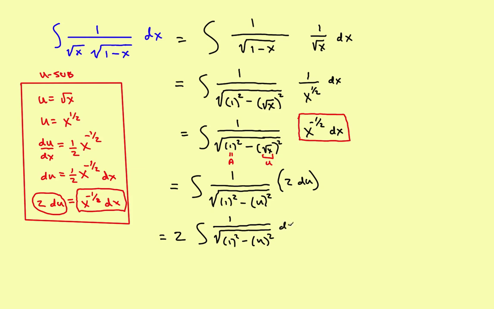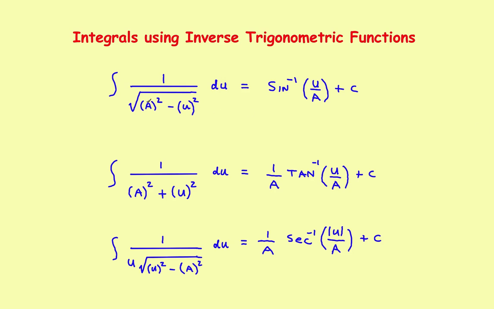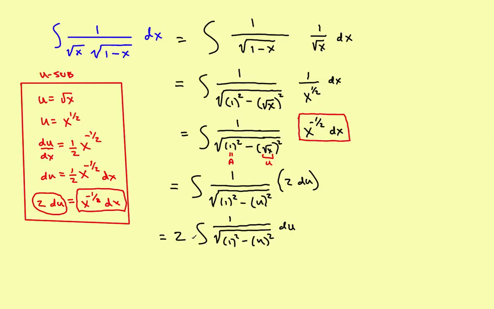Now, after all that work, you finally got it in the form you wanted, the integral of 1 over the square root of something squared minus something squared du. Now, look back at your rules. That exactly matches up with this one, so you can change it into inverse sine of u over a plus c. So all that was done just to get it in the proper form. Here's the constant 2.